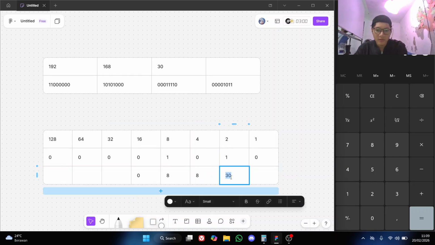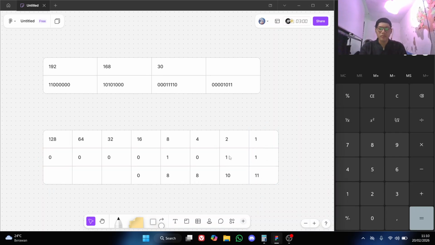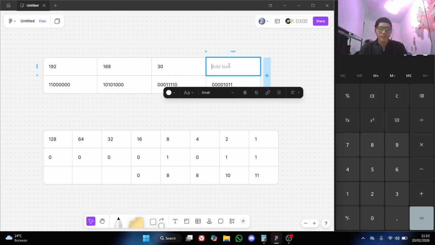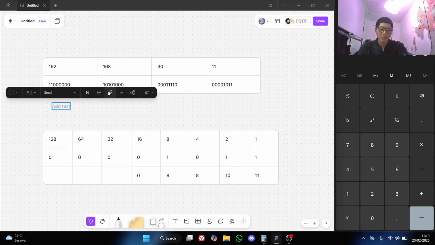Then 8 plus 2, I mean, it is 10. But now we have 1 here, I forgot, so it's 11. So this is the IP number. The IP here is 192, 168, then 30, and 11.